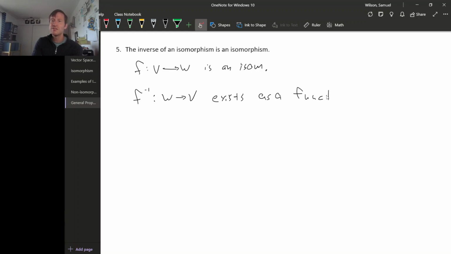So we know there's an inverse function. The question is, does it preserve structure, right? Since it's an inverse function, it has to be one-to-one and onto. The only question is, does it preserve structure?